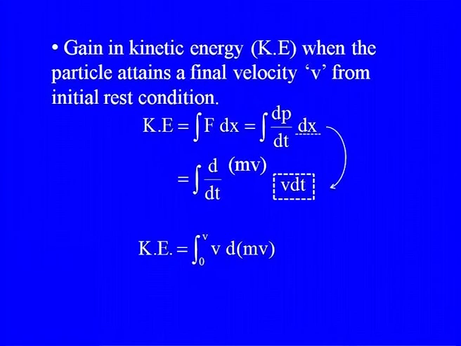Well, as we said, we are finding the gain in the kinetic energy when the particle has moved from its rest position and has attained the final velocity v. It's the integral within the limits 0 to v, v being the final velocity gained, and in the integrand is v d(mv).